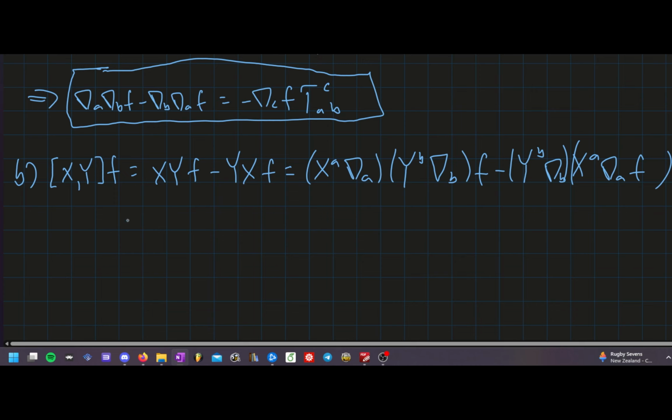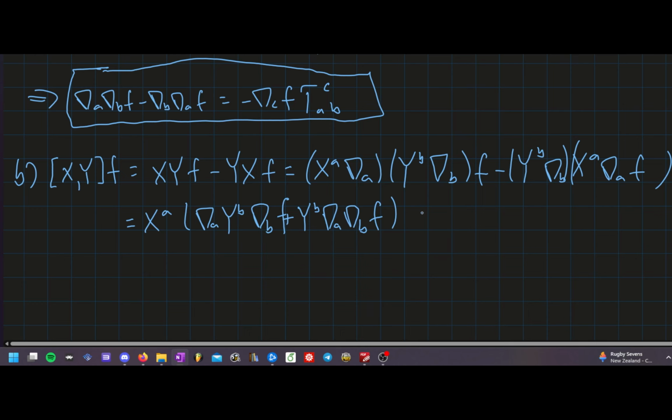So this is going to equal, we're going to pull out the xa and then get two terms out of the way this derivative x acts on these brackets. So we're going to get one term that looks like this, nabla a yb nabla b. Sorry, I shouldn't be saying delta, it's nabla a. And then we're going to get another term with the y out front, nabla a, nabla b. Remember, these are going to be acting on f. I should have an f here and an f here.